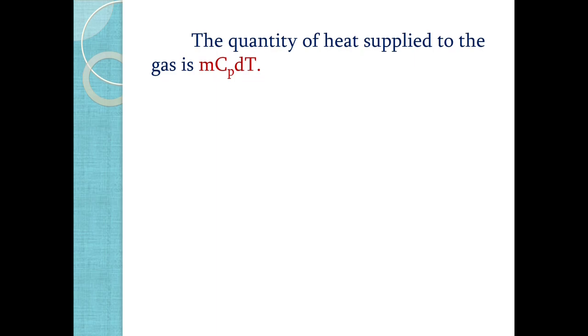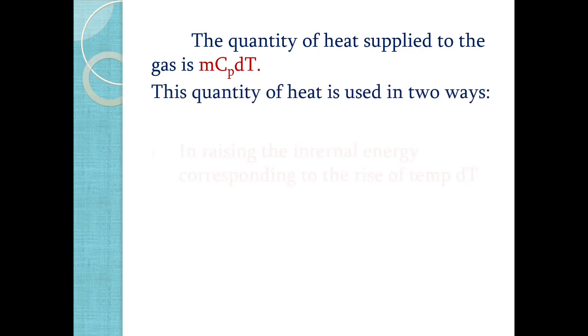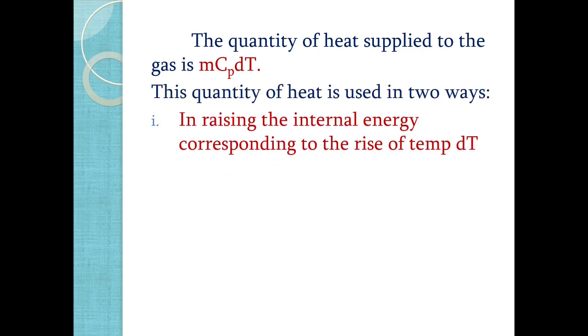So the quantity of heat supplied to the gas in this case is m into Cp times dT: the mass into the specific heat capacity of the gas at constant pressure multiplied by the rise in temperature dT. But in this case, the heat provided to the gas is utilized for two purposes.